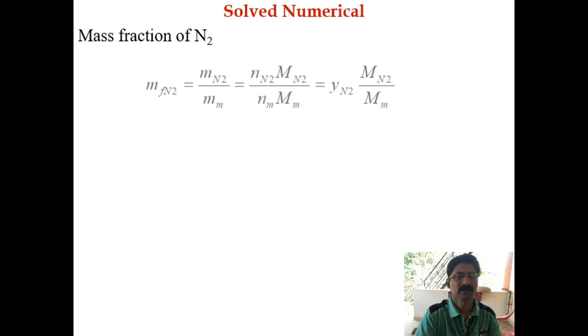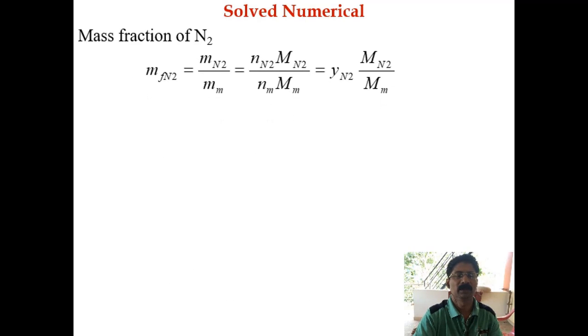Now mass fraction of N2 is nothing but mass of N2 by total mass of the mixture. Here mass of N2 can be substituted as number of moles of N2 into molecular weight of N2. So N2 by Nm, this ratio can be written as YN2. You will get an expression for mass fraction of N2 as YN2 into MN2 by Mm, with the usual notations.